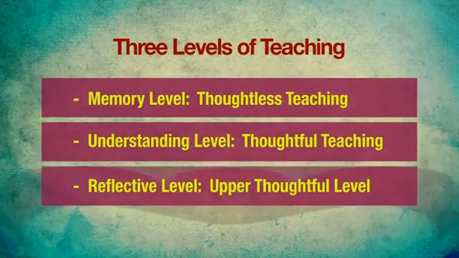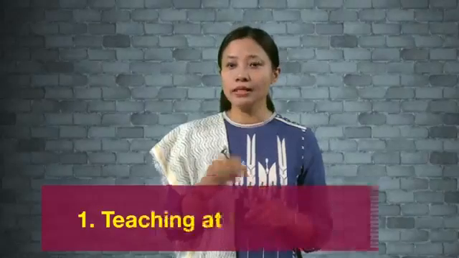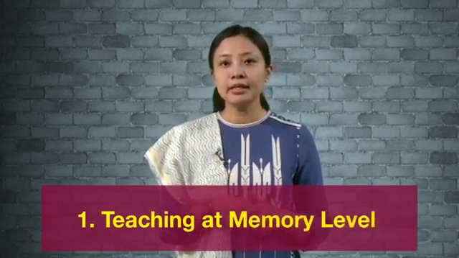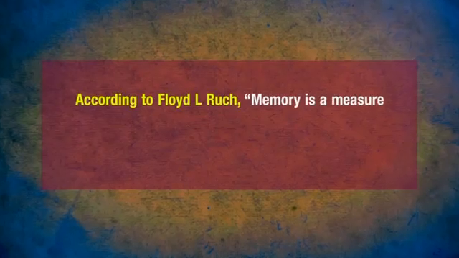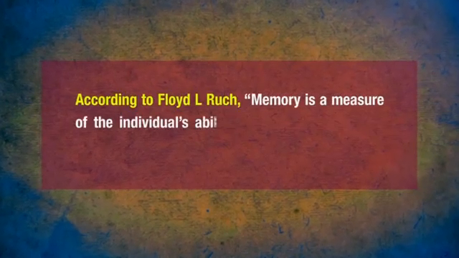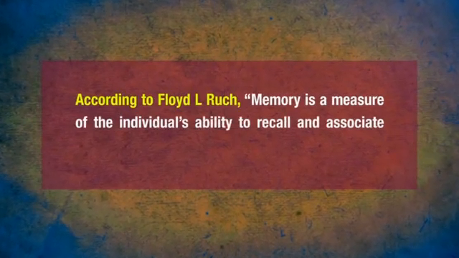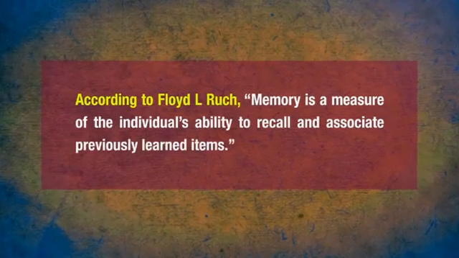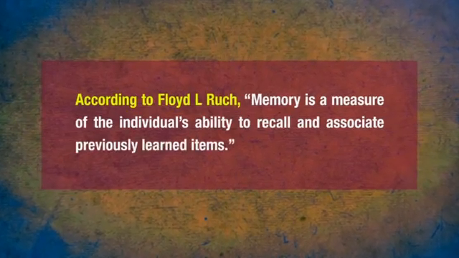Let's discuss them briefly. Number 1, teaching at memory level. According to Floyd L. Rook, memory is a measure of the individual's ability to recall and associate previously learned items. It encourages rote learning, but all the memory level teaching learning makes the foundation of other types of teaching learning forms too.